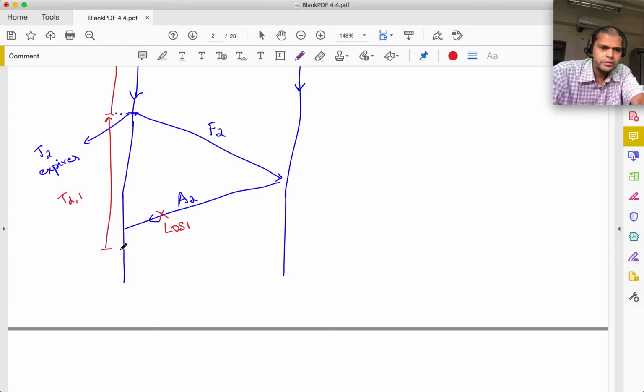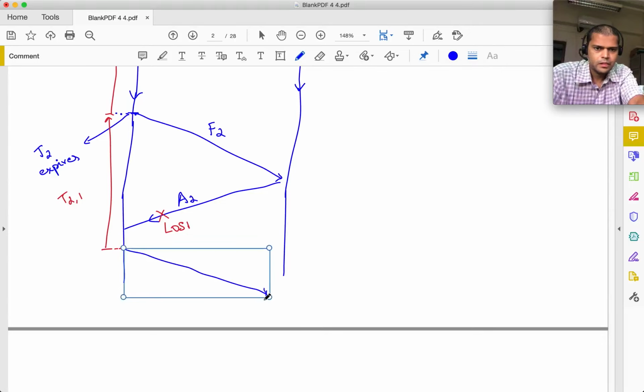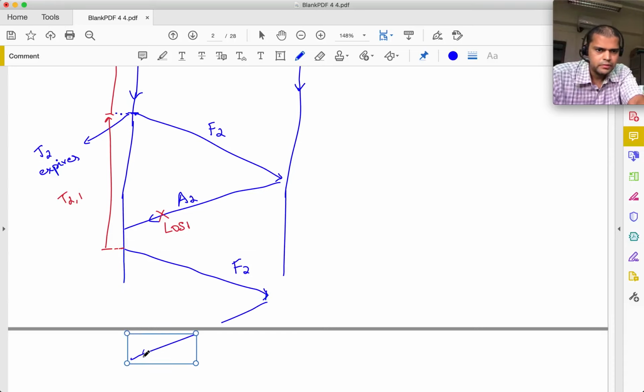And when this timer expires, it can send the frame again. Let's say that this third time we got lucky and the acknowledgement reached the sender.